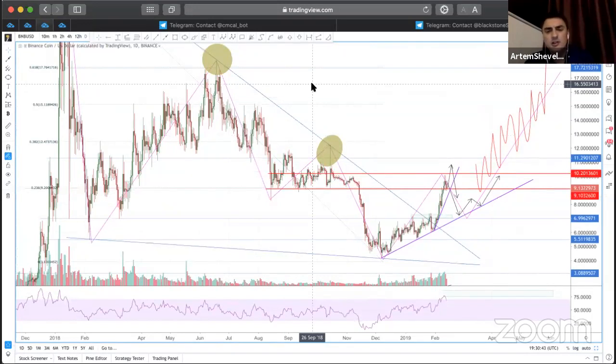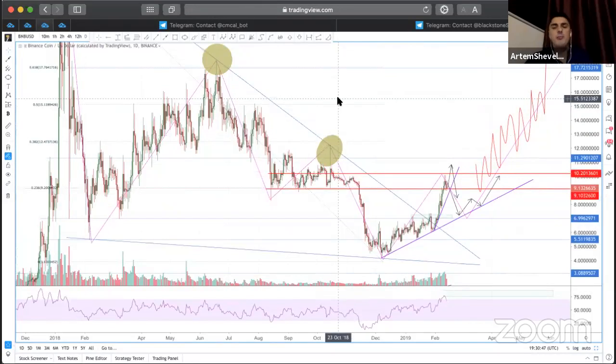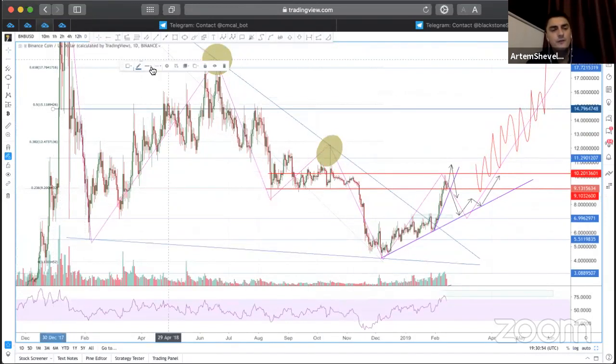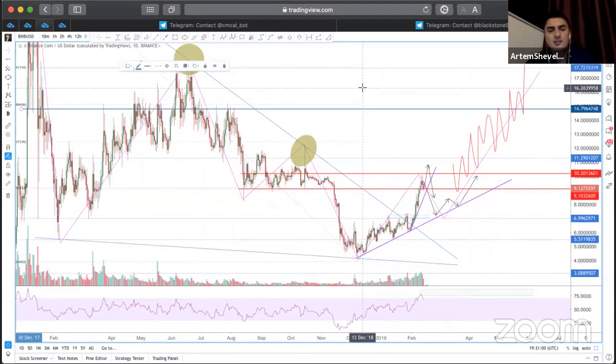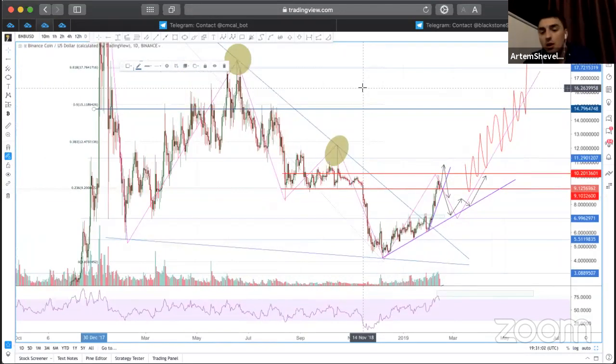We're probably gonna hit them in the near future, maybe this year, maybe at the end of this year, but these levels are probably what we can expect from Binance Coin in the next few months, maybe 6 months, or something between. Okay, let's go next.